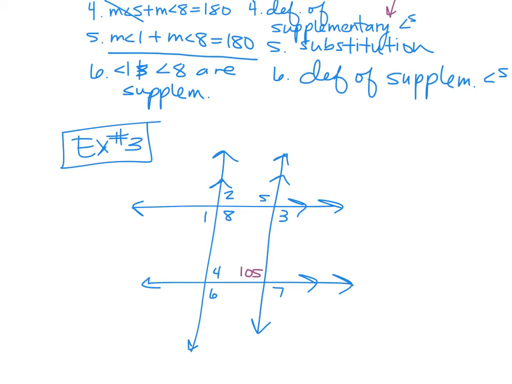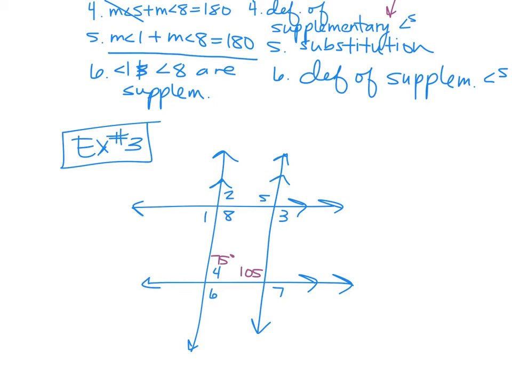So using alternate interiors, same side interiors, correspondings, and alternate exteriors, you should be able to tell me every angle. Can you tell me angle 4? Yeah, Heather. It would be 75. How do we know angle 4 is 75?